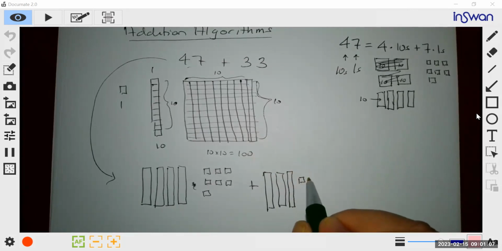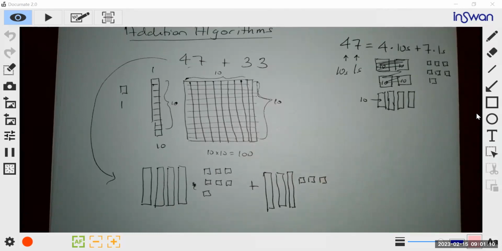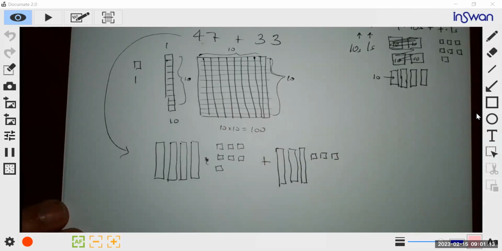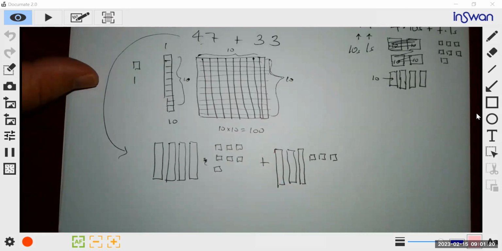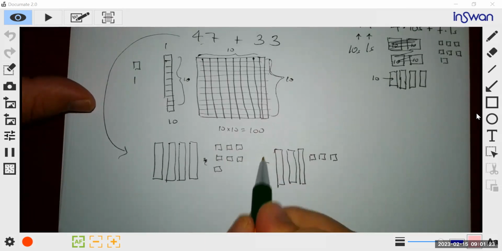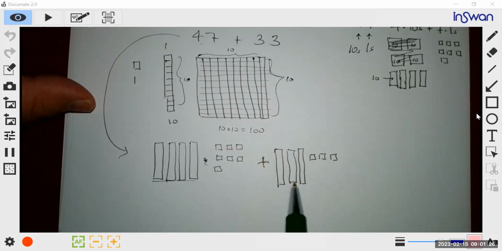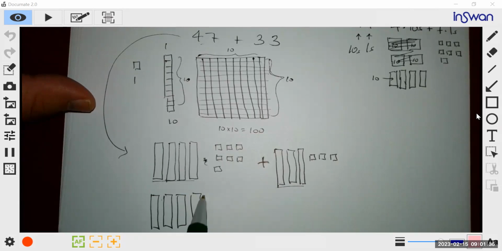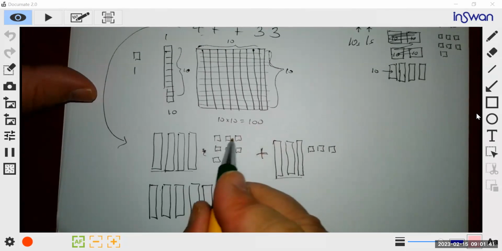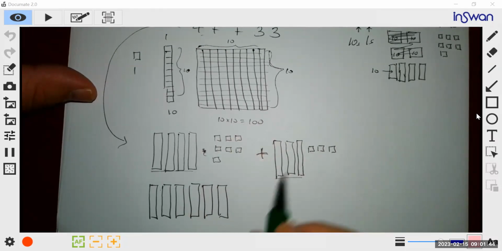And then 3 squares. Since I'm combining them, I take these 4 bars and these 3 bars. I got those. And then I got these 7 boxes and these 3 boxes.